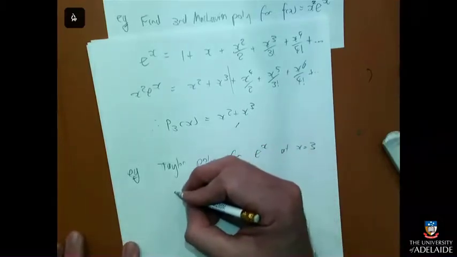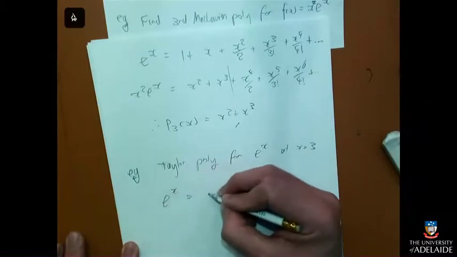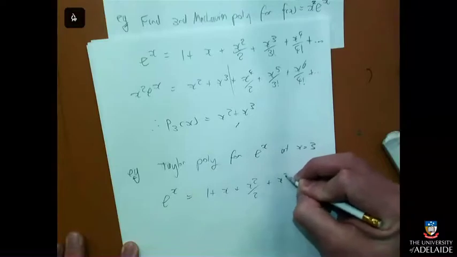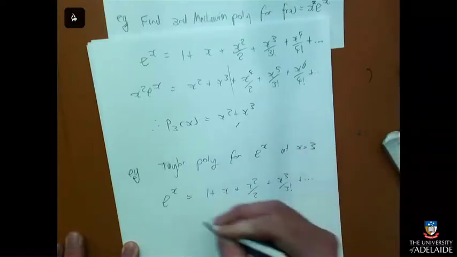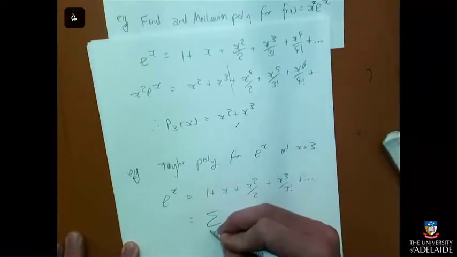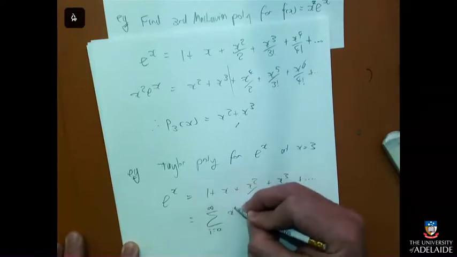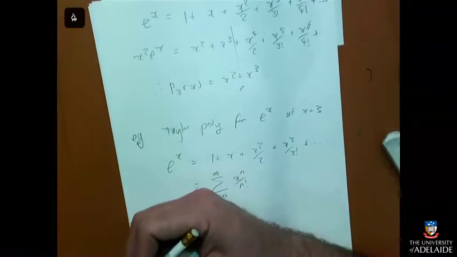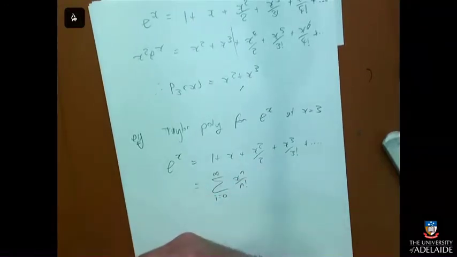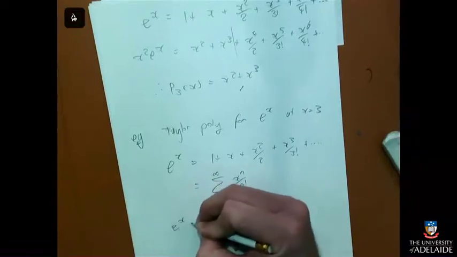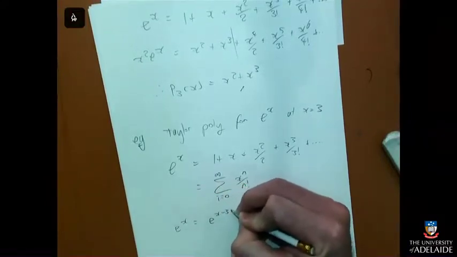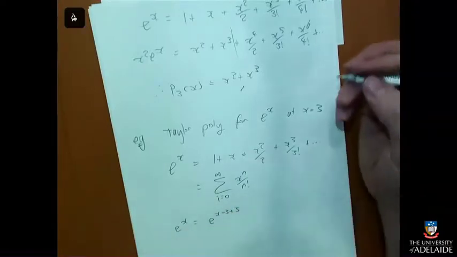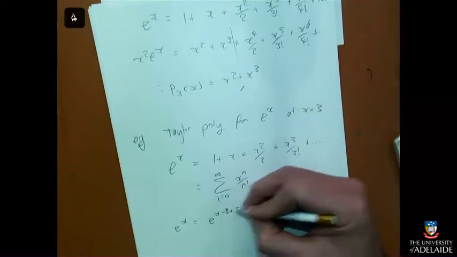So you could go, all right, well, e to the x is this. I could write it as an infinite sum if I desired. I need there to be an x minus 3. e to the x is the same as e to the x minus 3 plus 3.